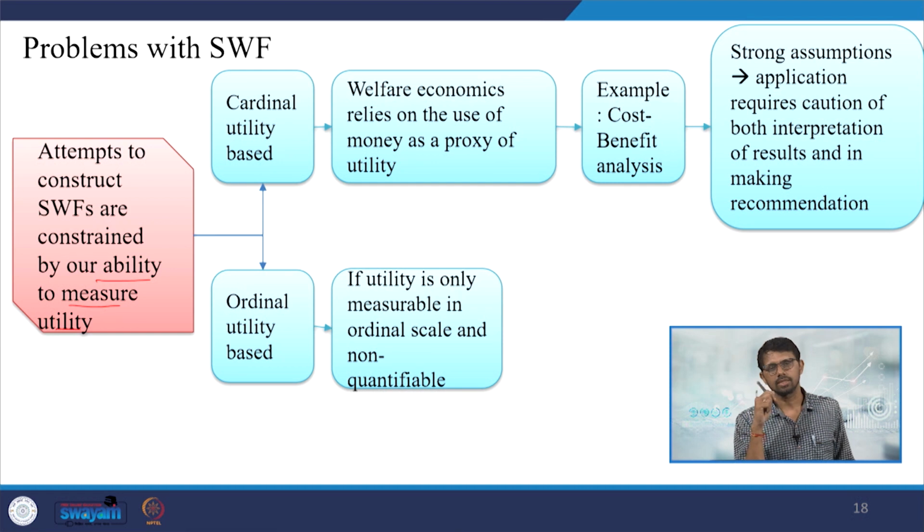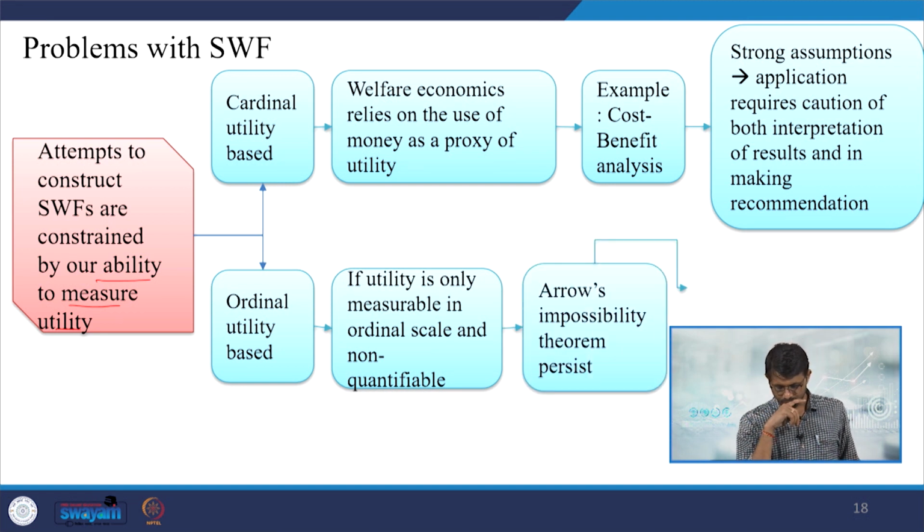However, through the ordinal values it is possible to compare another combination. However, these are still not enough if utility is only measurable on an ordinal scale and is non-quantifiable. Ordinal is still not quantifiable, and we also discussed part of Arrow's impossibility theorem, where this scale is used, and if time permits, we will give further directions to it.